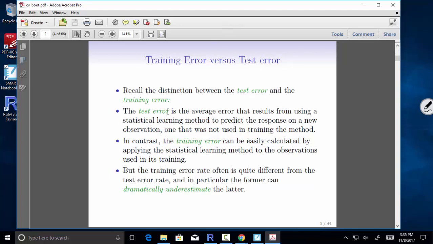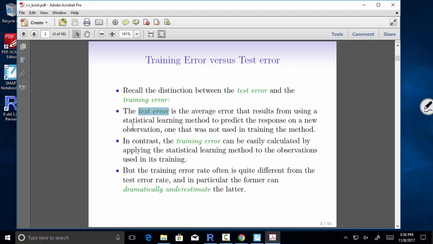All right. So just reiterating things we've already said, we have a distinction between types of error rates when doing predictive modeling. We can talk about training error and testing error. Training error is the error that would happen if you applied your predictive model to the same data you used to build the predictive model.